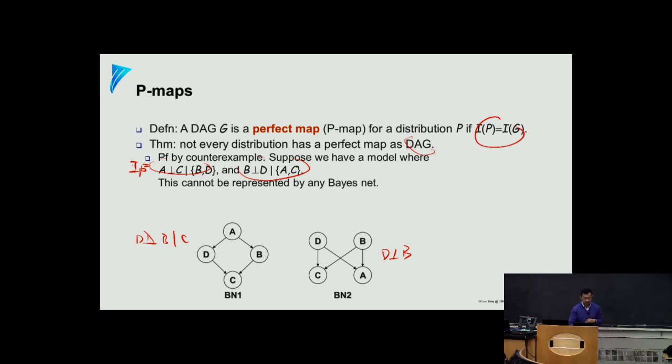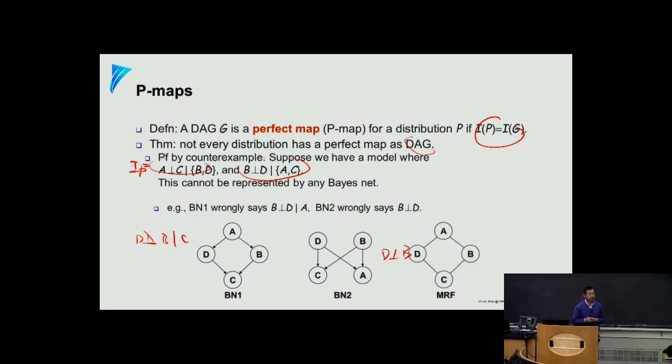But I can actually find a graph which encodes this distribution, which is this. We're now going to run into a new type of graphical model where the directionality of the edges is dropped, and you can show to yourself after this lecture that in this graph there are no more conditional independencies but only these two.